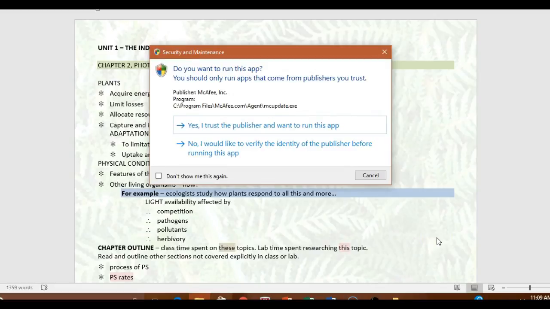We acquire materials by eating and drinking, don't we? Because we have to take in resources, and the only way that we do that is by ingestion, right? Well, plants make their own food. We eat other things, but plants make their own food, so they have a unique way of acquiring energy, okay?